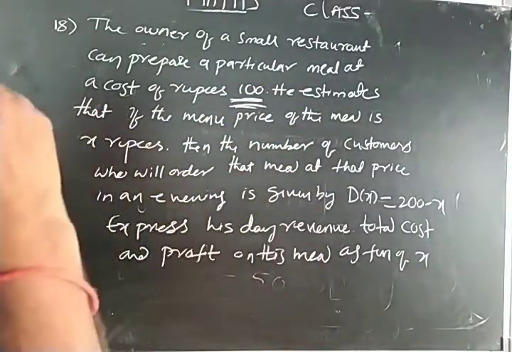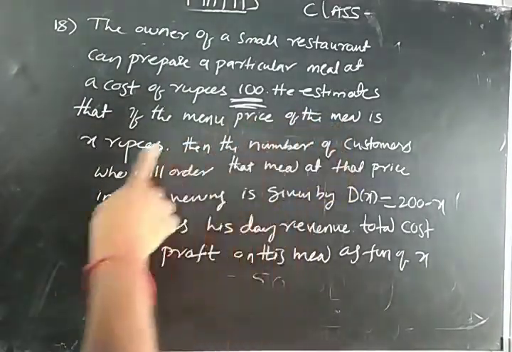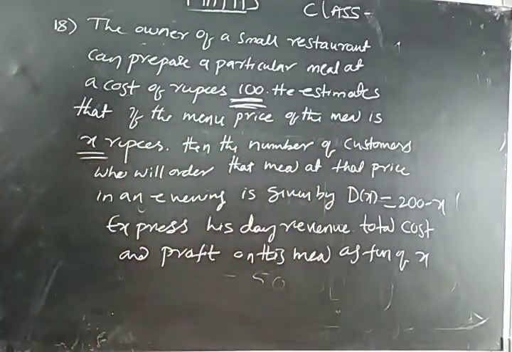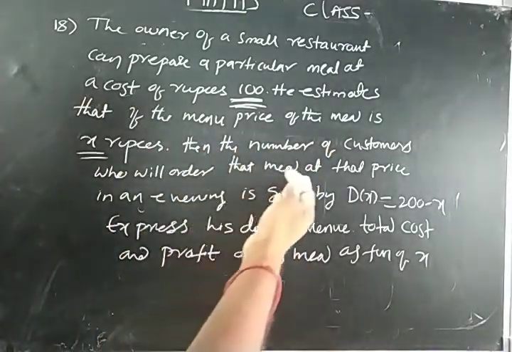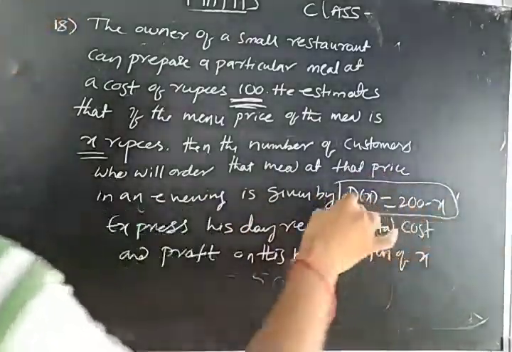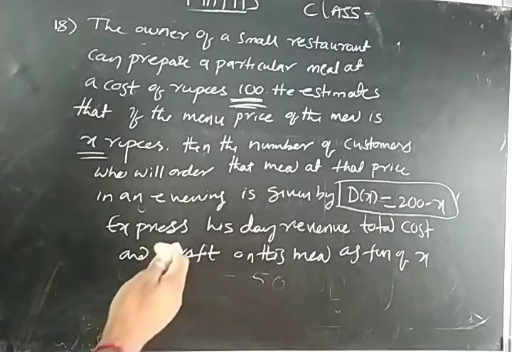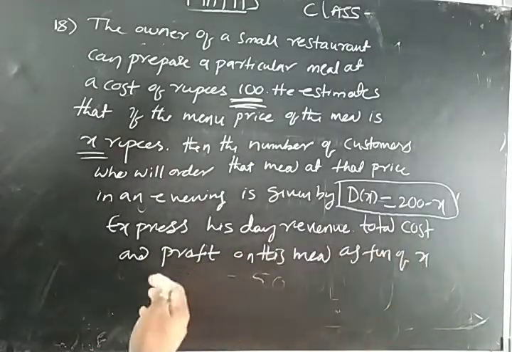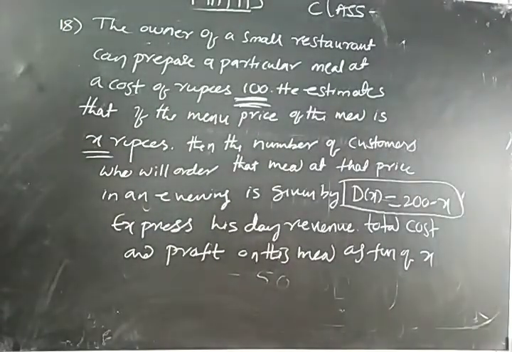He estimates that if the menu price of the meal is x rupees, then the number of customers who will order that meal in the evening is given by 200 minus x. Express his day revenue, total cost and profit on the meals as a function of x. Now this is the given information.